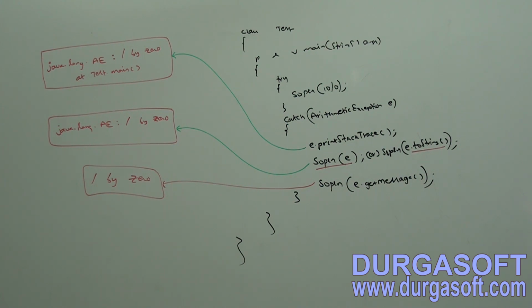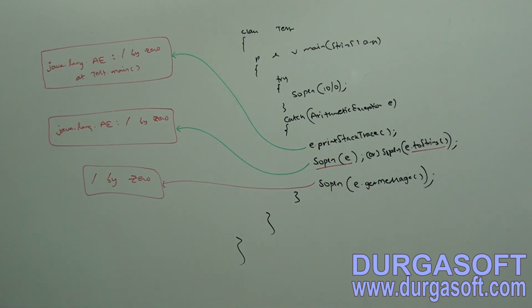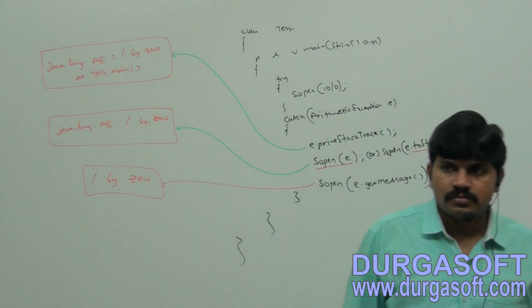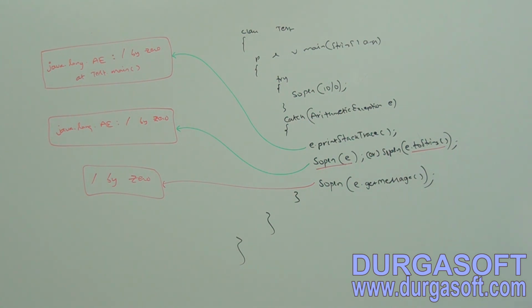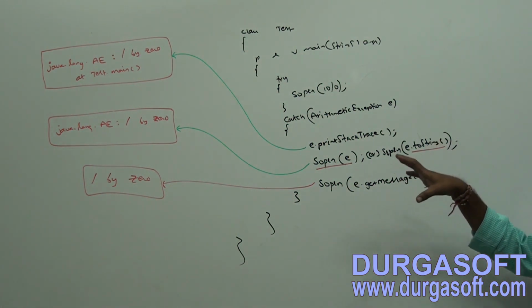So take clearly: java.lang.ArithmeticException: / by zero at Test.main. So I want complete information. Then we should go for which method? printStackTrace. Next, now I want only the name of the exception and description.